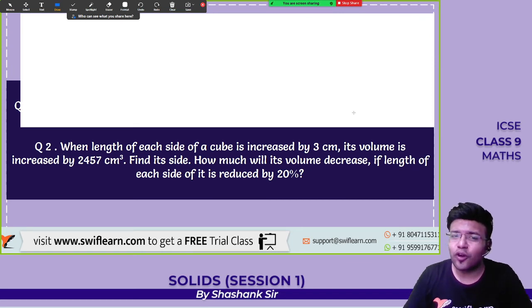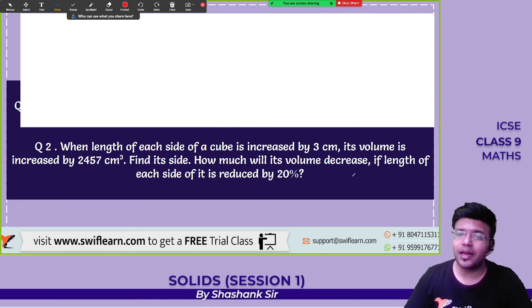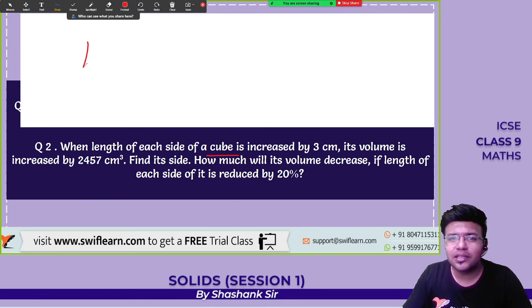When the length of each side of a cube is increased by 3, its volume is increased by this much. Find its side. How much will its volume decrease if the length of each side is reduced by 20%? This is a very interesting question. All the sides in a cube are equal.